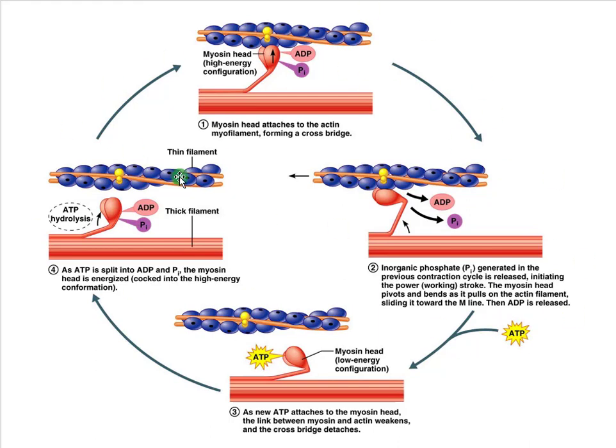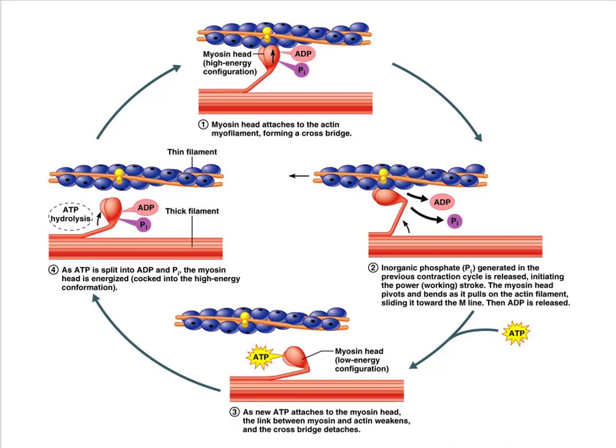So how long does this cycle continue? Well, the answer is this cycle continues as long as myosin head binding sites are available. So the next question is, how long are myosin head binding sites available? As long as tropomyosin is not covering them up. Well, how long is tropomyosin not going to be covering them up? As long as calcium is bound to troponin. Well, how long is calcium bound to troponin?